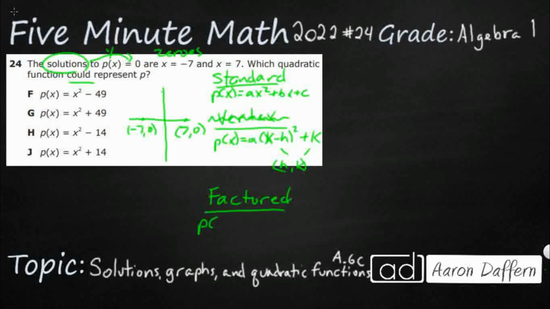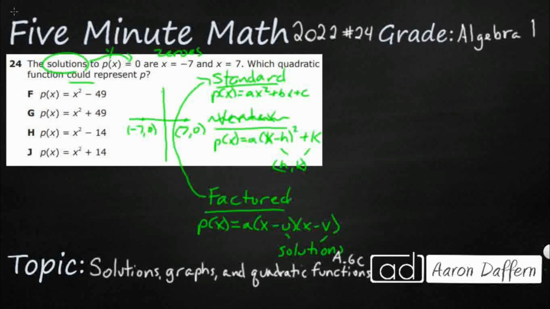So p of x equals still a, x minus u, and then x minus v. These two expressions are very helpful because the u and the v are the two solutions. So when you can get this factored form, which is just a factored form of the standard form, right?